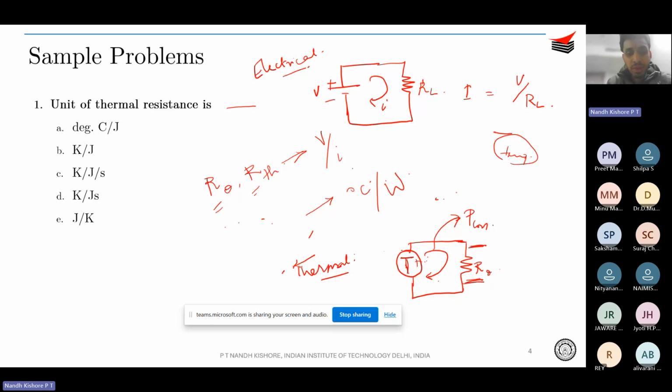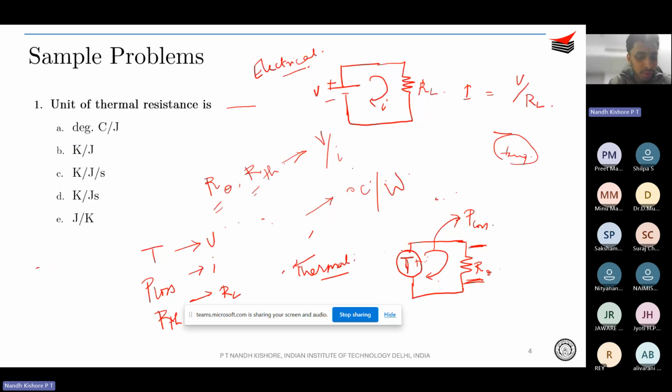So the analogous fashion would be something like T is analogous to voltage, and the P loss is analogous to current, and of course the R theta is analogous to your load resistance. Okay, so coming back to our point earlier, the unit of R theta would obviously be what?